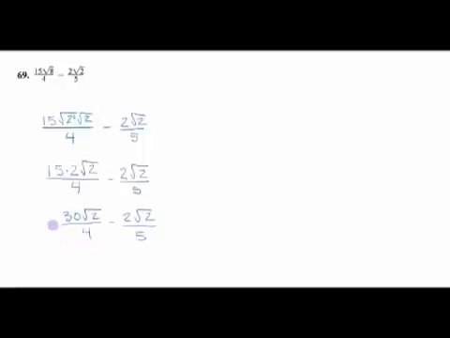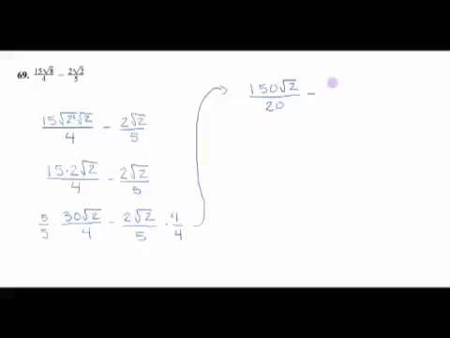So I'll need to multiply this radical by 5 over 5 and this radical by 4 over 4. So this gives me a 5 times 30 is 150 square roots of 2 over 20 minus 4 times 2 is 8 square roots of 2 over 20.